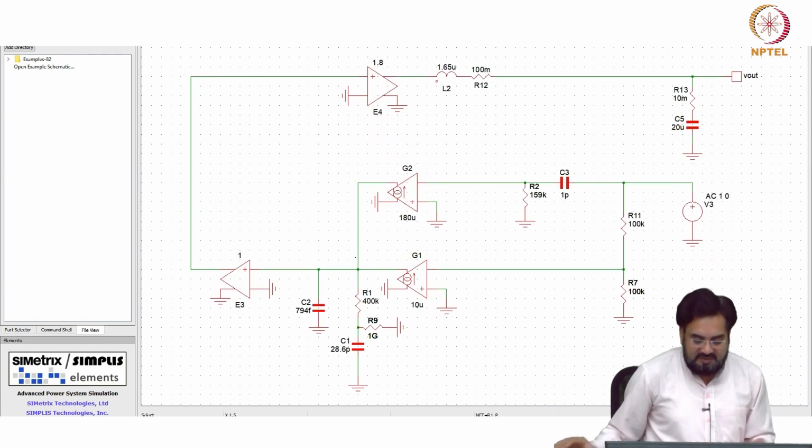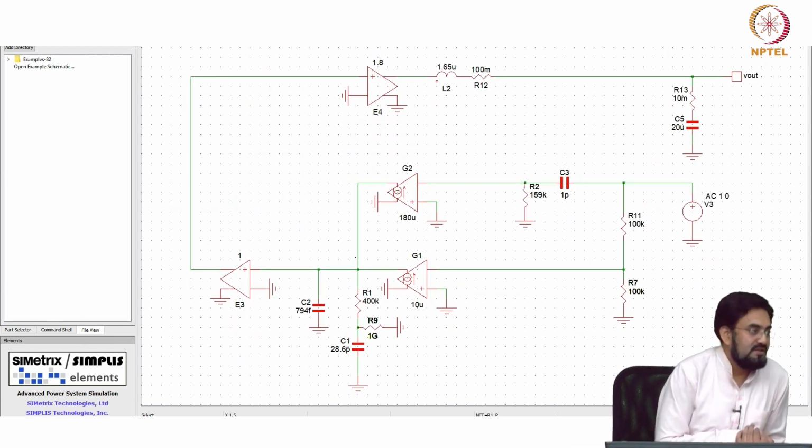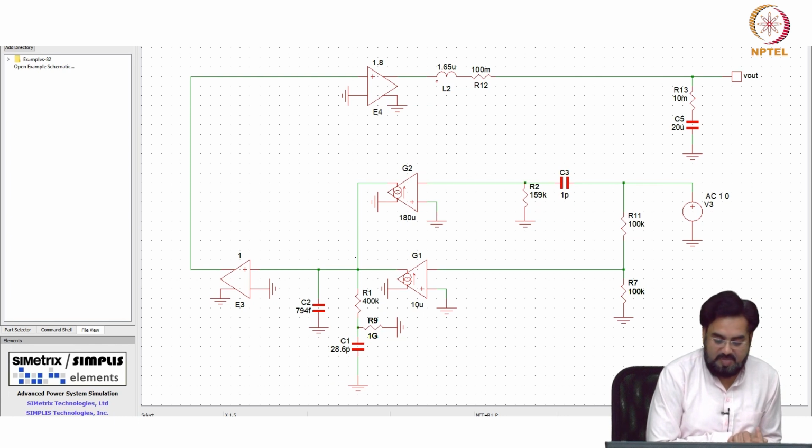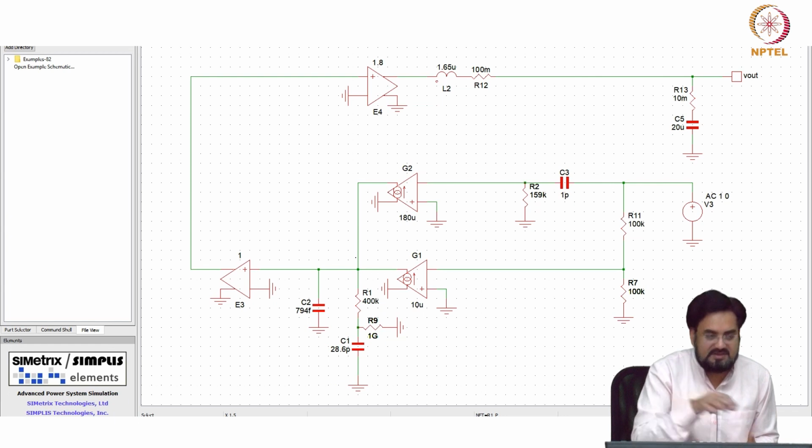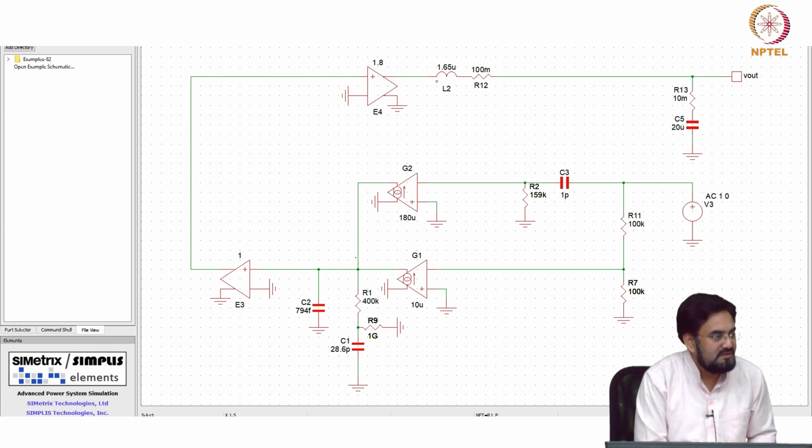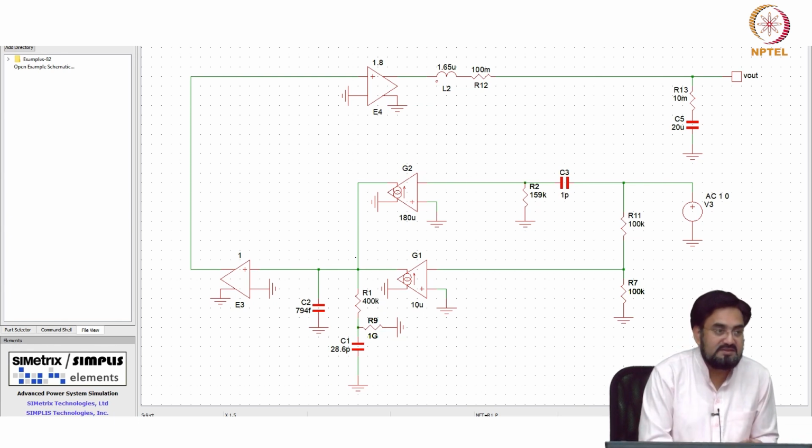So, there is a trade-off between offset and your cap values, but if you use offset cancellation and those techniques in the GM, you can still use a lower GM. The advantage here is that you can design everything at lower power consumption.